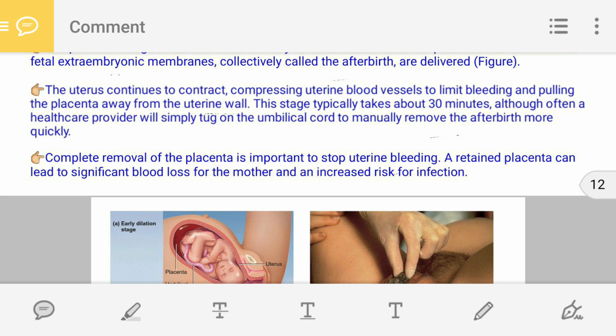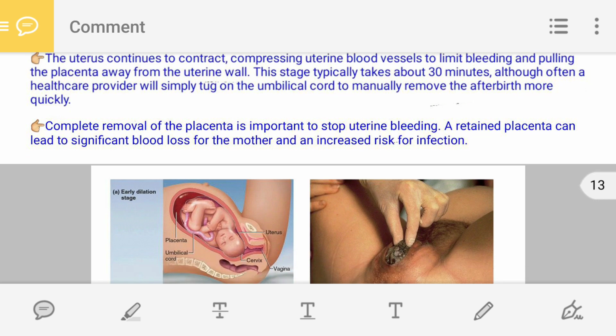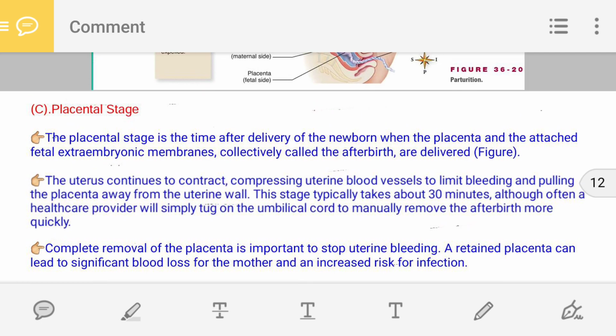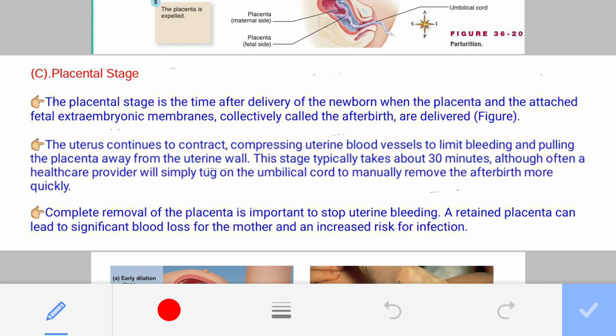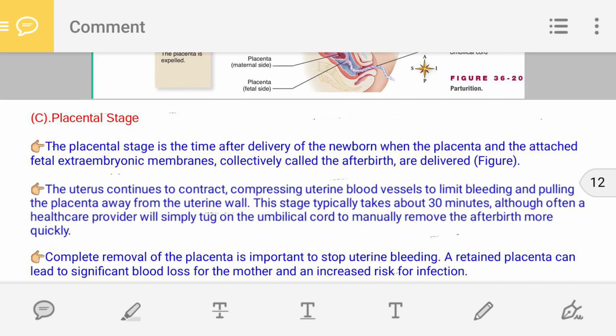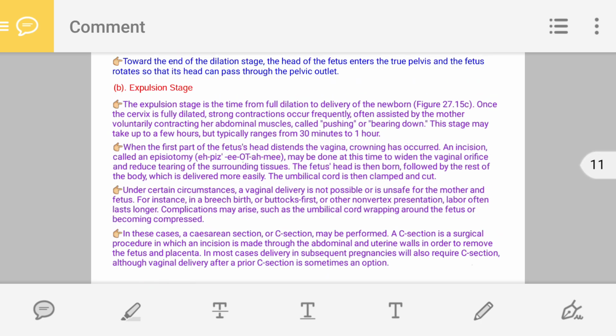That's why it is very important to gently remove and detach this placenta, along with the umbilical cord and the baby's body. So these are the changes of the placental stage. Okay, now a few more things I would like to show you.